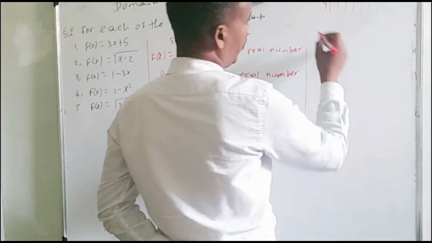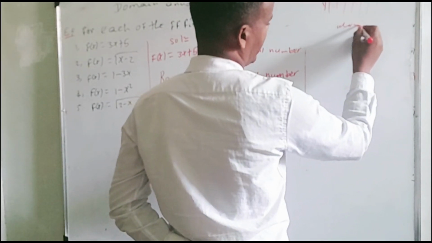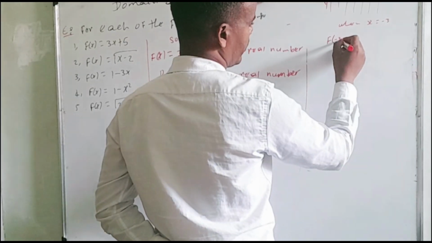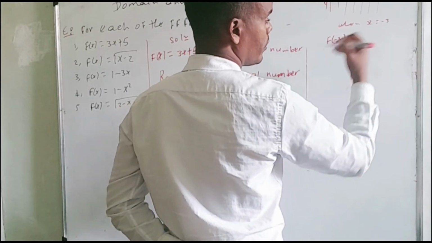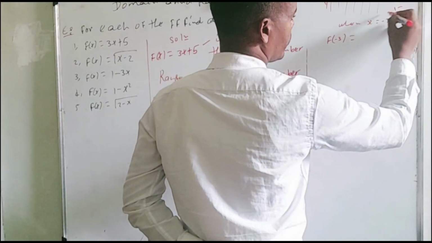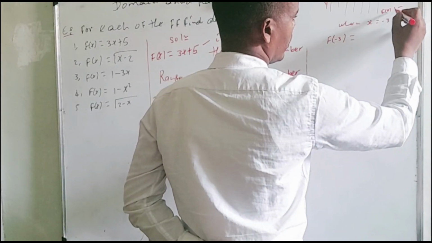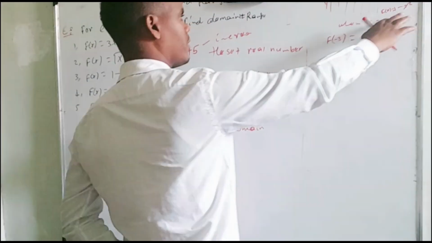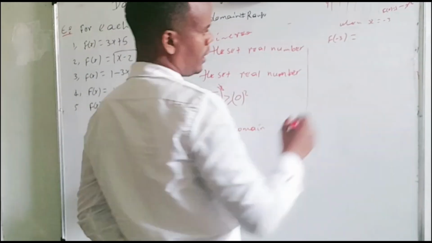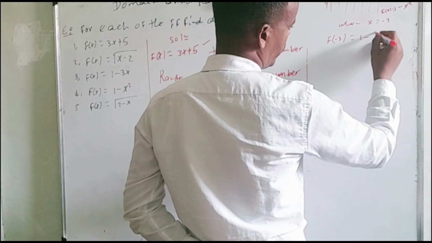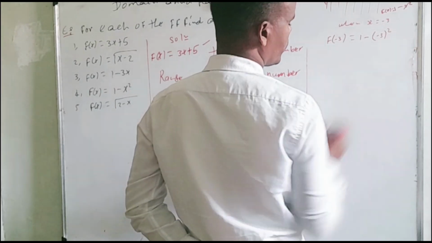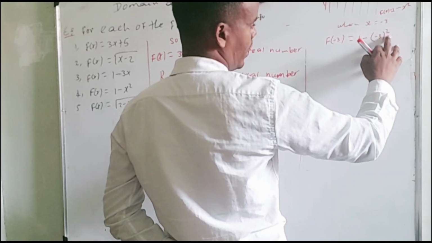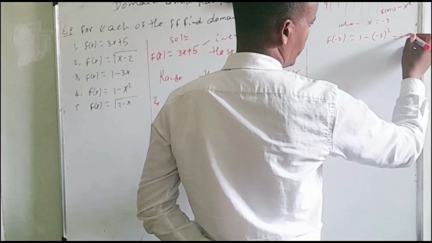When x is equal to minus 3, f of minus 3 is equal to 1 minus x to the power of 2, that is 1 minus minus 3 to the power of 2. Minus 3 to the power of 2 is 9, and 1 minus 9 is minus 8.